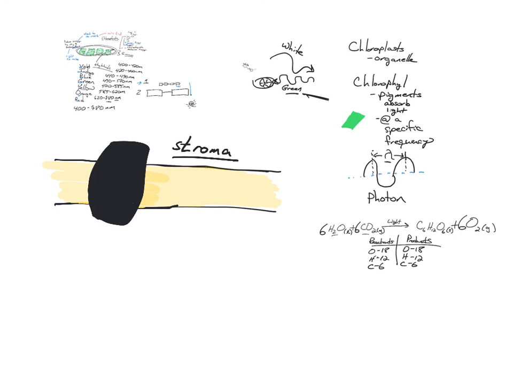That space out here is the stroma. And inside the thylakoid itself is something called the lumen. The thylakoid lumen.